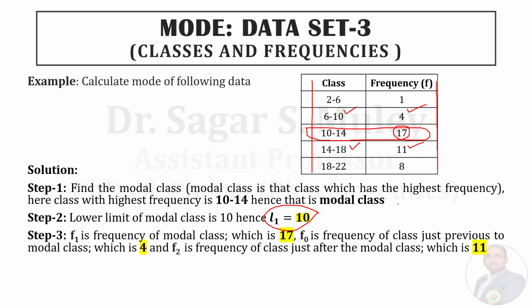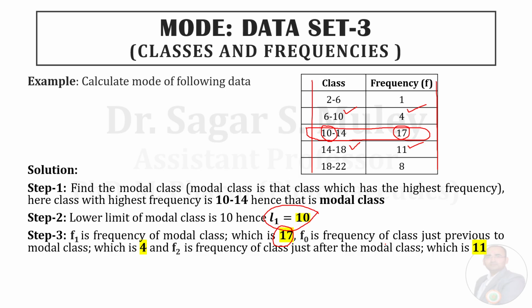Okay, so until now we have got 4 values. L1, that is 10, lower limit of model class. F1, that is frequency of model class, which is 17.